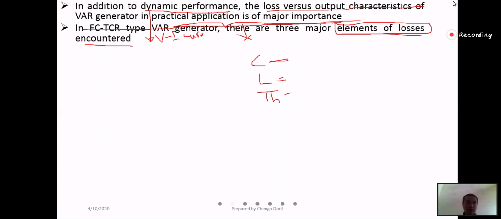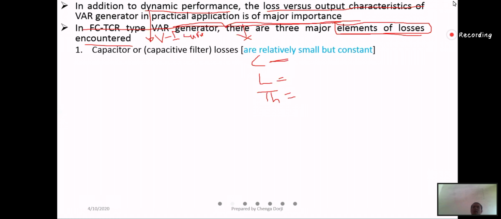So now if you see capacitor or capacitor filter losses, this is relatively small, but they are constant. Like a core loss in a machine, it is relatively small, but it is constant, so it will keep occurring.